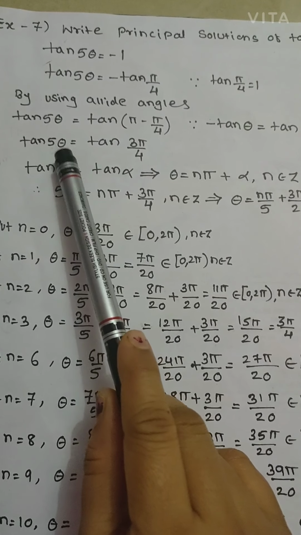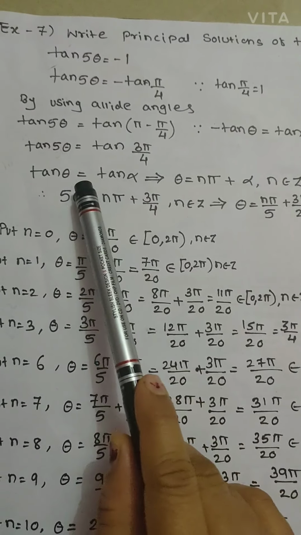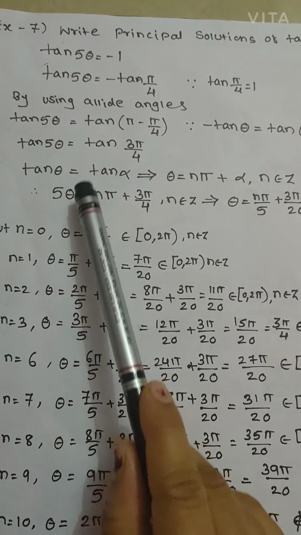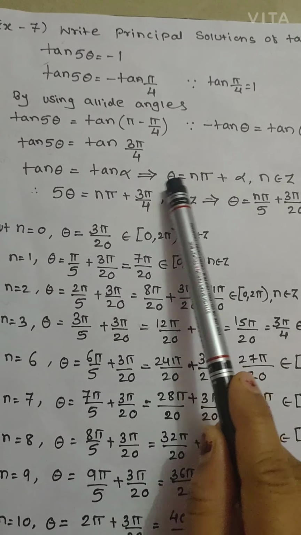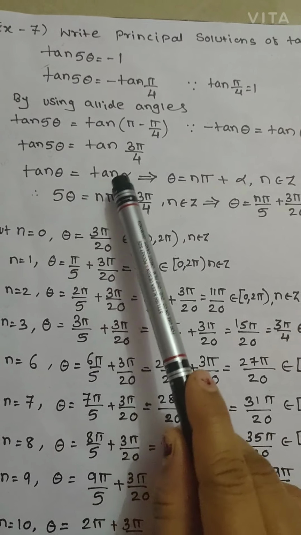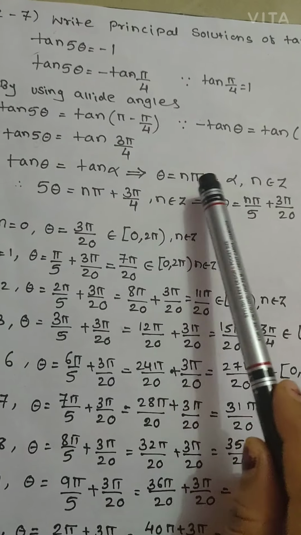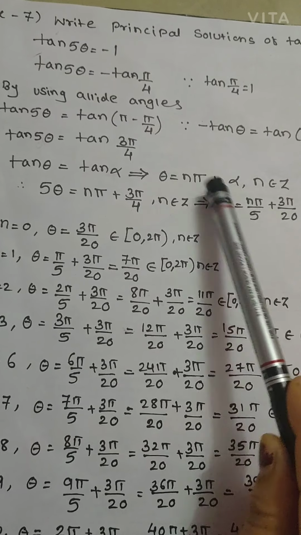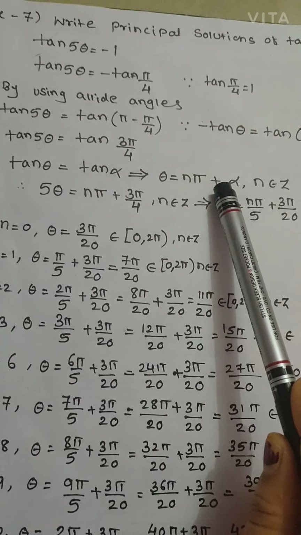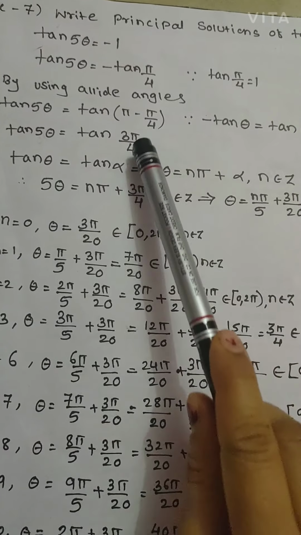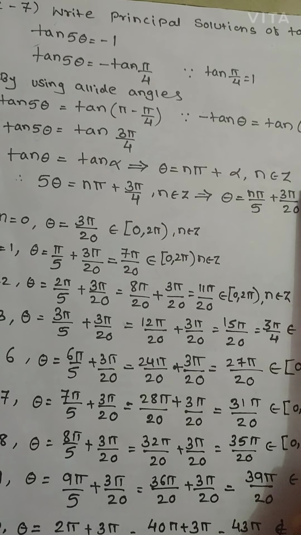If you compare this thing and this thing, you will get the value of theta here. The value of theta is our theta, and the value of alpha is 3 pi by 4. N pi is the general term. Theta is equal to n pi plus alpha. The value of alpha is 3 pi by 4, where n belongs to Z.